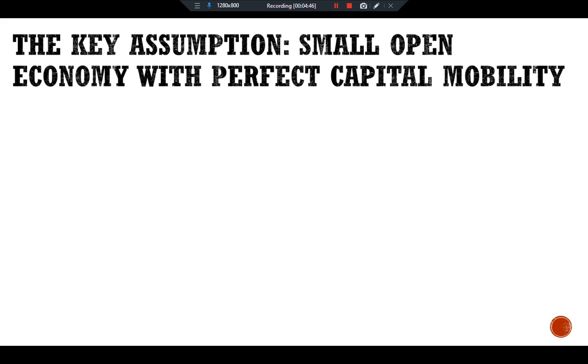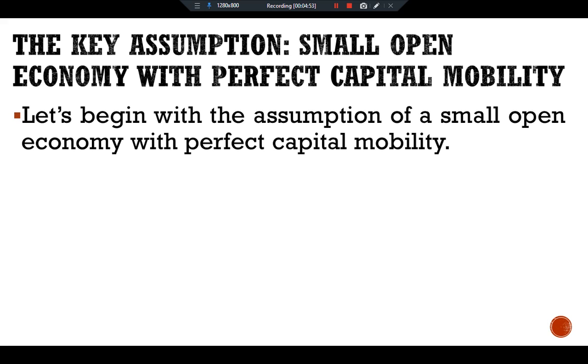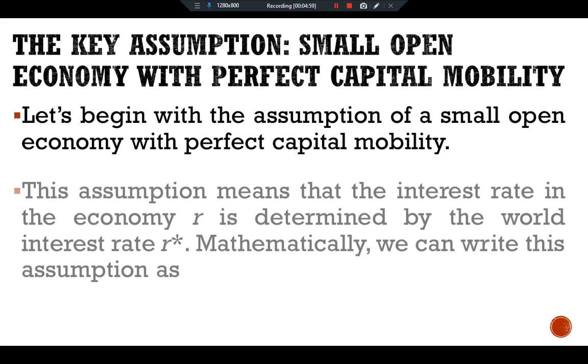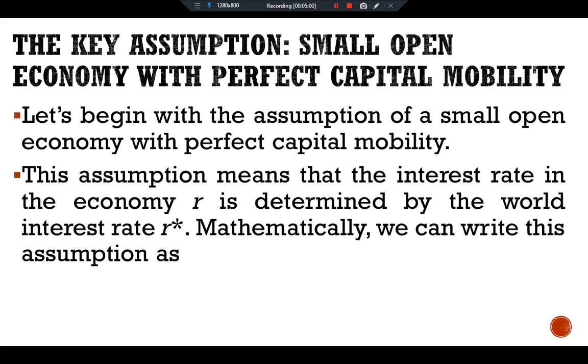Okay, the key assumption: small open economy with perfect capital mobility. This assumption means that the interest rate in the economy, r, is determined by the world interest rate, r*. Mathematically, we can write this assumption as r = r*.